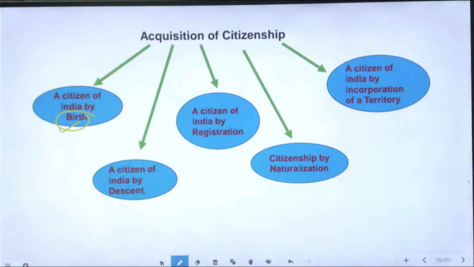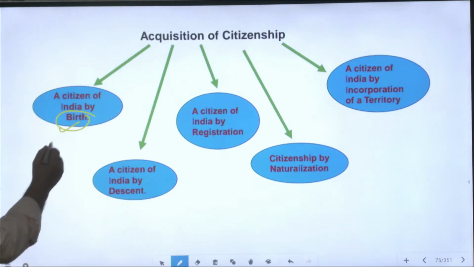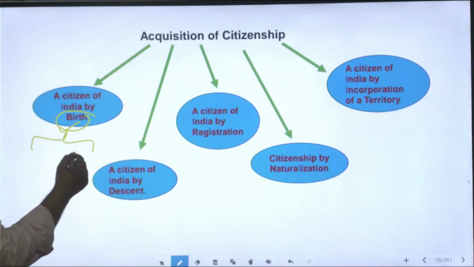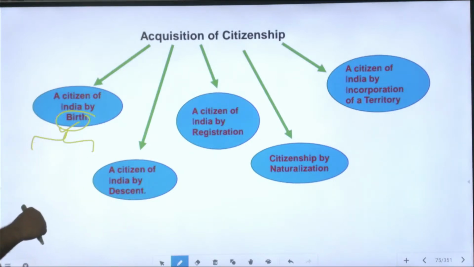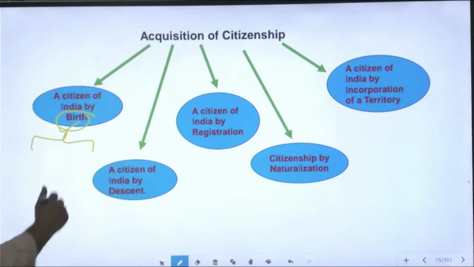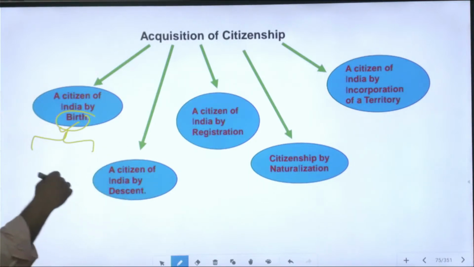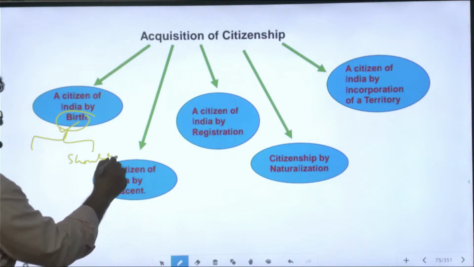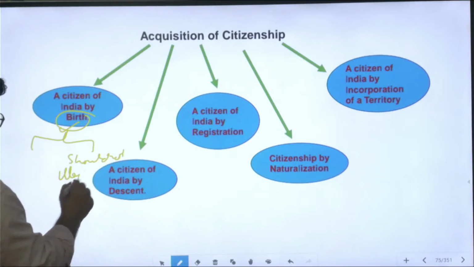But there is a condition: the person is born in India, having either parent an Indian citizen at the time of his birth, and the other parent should not be an illegal migrant.